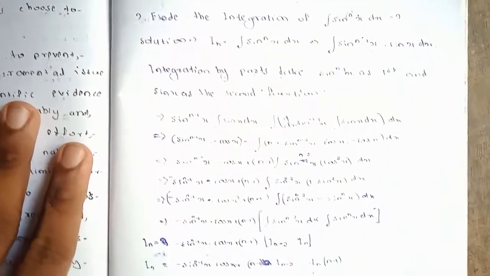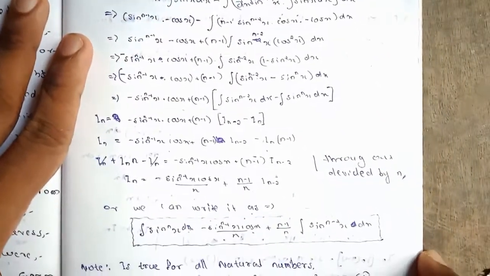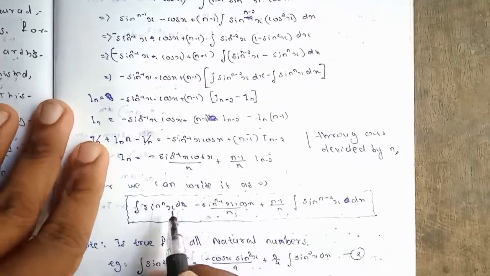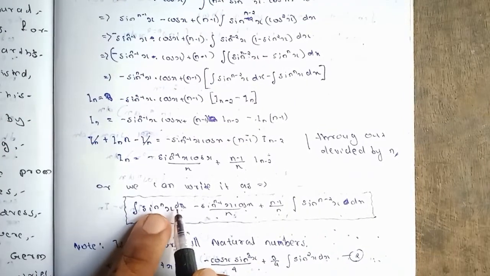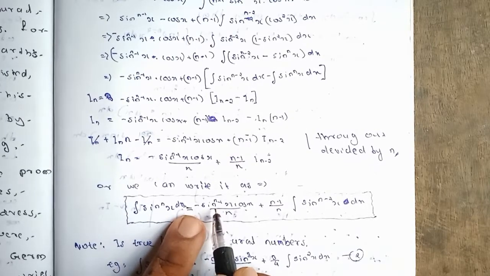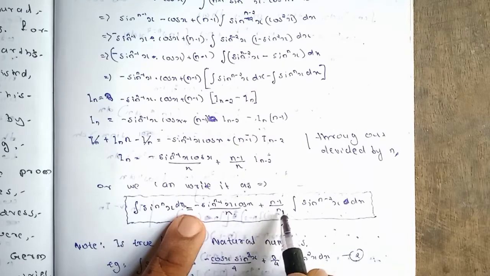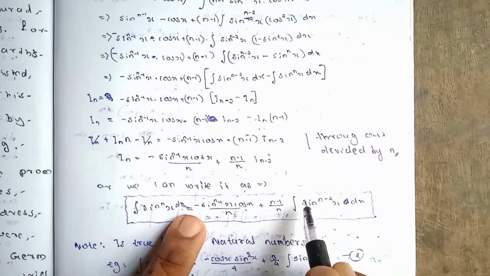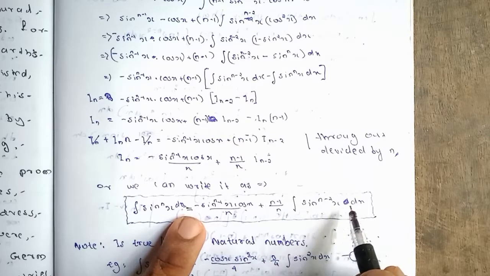Then finally we can get an answer, like here we wrote it as the integral of sin^n x dx, which is equal to minus sin^(n-1) x cos x all divided by n plus (n-1) divided by n times the integral of sin^(n-2) x dx.